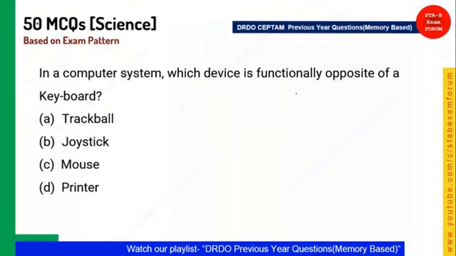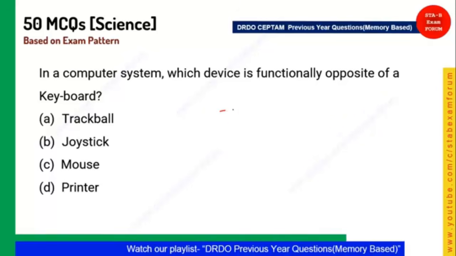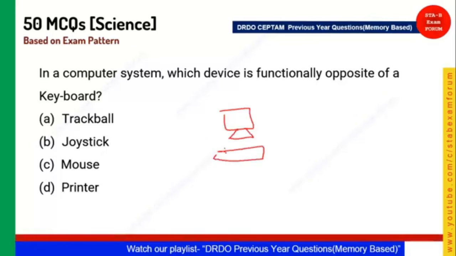In a computer system, which device is functionally opposite to the keyboard? As you know, this is your system, so there is a keyboard. The keyboard is an input device, student. So what is the opposite of input? Output device. So this question says you need to find the output device.